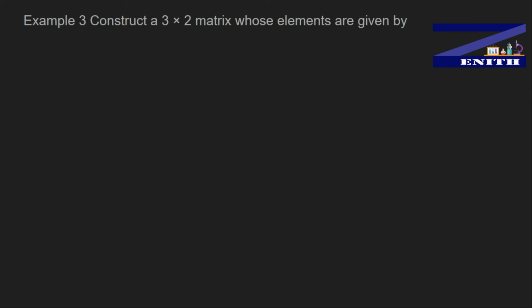Now, guys, let's see an example. We have to construct a 3 cross 2 matrix. It means this matrix will have 6 elements, whose elements are given by the equation Aij is equal to 1 upon 2 modulus of i minus 3j. Let's see the solution of this example.